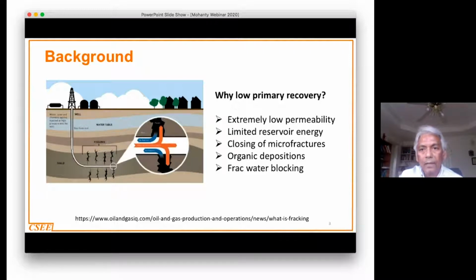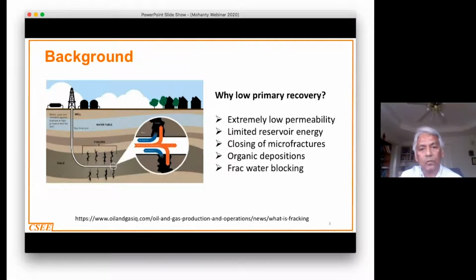Okay. All right. So sometimes also as the pressure goes down, the microfractures close. So there is very little conduction over there. And sometimes the matrix next to the fractures gets some deposits of organic deposits. And there is some frac water blocking.